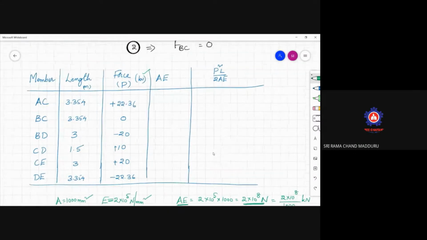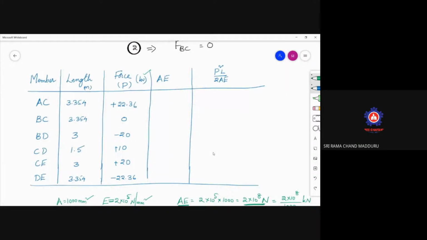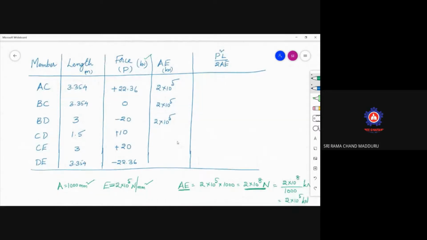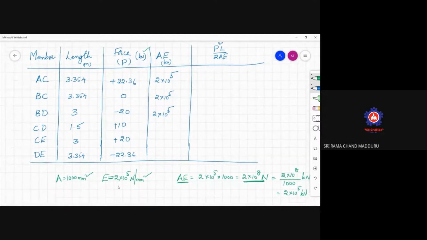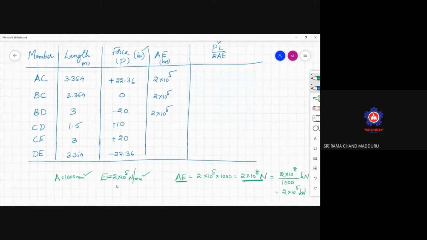Substitute the value of AE, 2 into 10 power 5. What are the units of this AE? Axial rigidity is in kilonewtons. Just see once again. A is 1000 mm square, E is 2 into 10 power 5 Newton per mm square. To get the axial rigidity AE, multiply both of them.